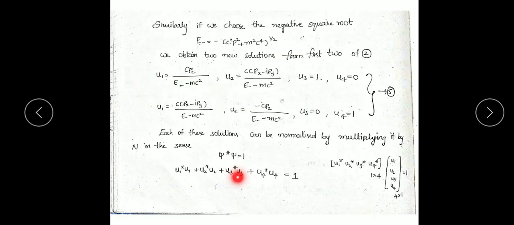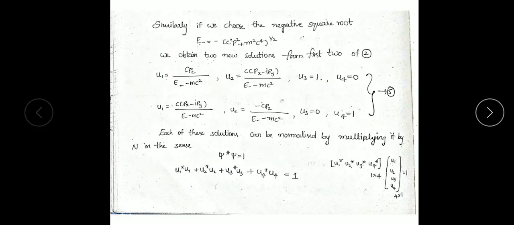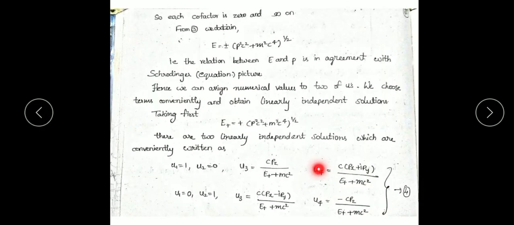In a similar manner, u3 star into u3: u3 is this, and u3 star is also this only, because i is not there. So you would have pz square c square into n square. N square would be taken common, and whatever is there in the denominator. And next, for u4, px plus ipy is there, the i term.